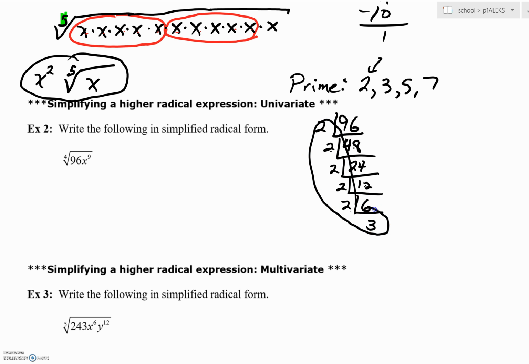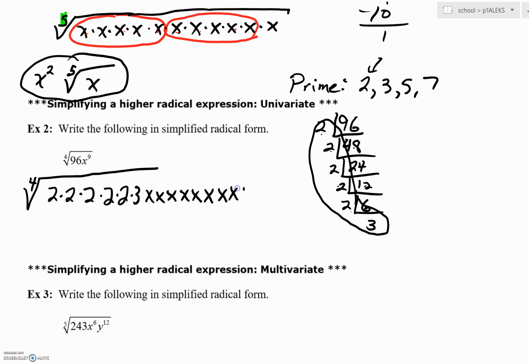Wow. This one right here was kind of extensive. You don't always have numbers that are that big, but you will occasionally. So what are we getting at? We're saying, look, inside this radical, we'd have 1, 2, 3, 4, 5 2's. We'd have a 3. And then if you want, you could literally write out 9 x's.